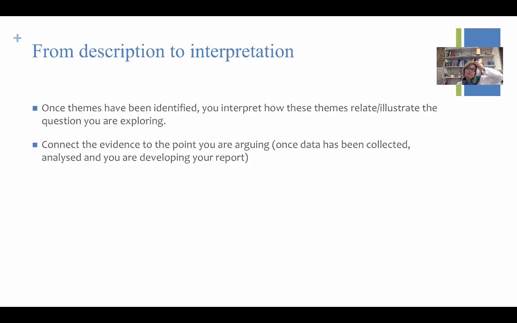Once you've identified some themes, you interpret how those themes relate to or illustrate the question you're exploring, connecting the evidence with the point you're arguing. Later on, when you write up, you use snippets. The illustration you've just looked at is taken straight from Picker and Berry's study. They obviously didn't draw it, but they put it forward to illustrate the point they're arguing.